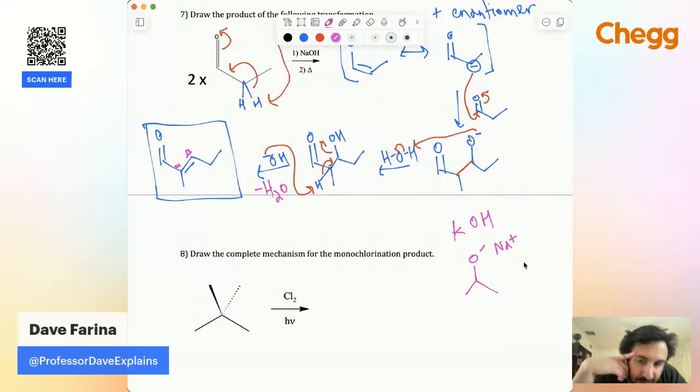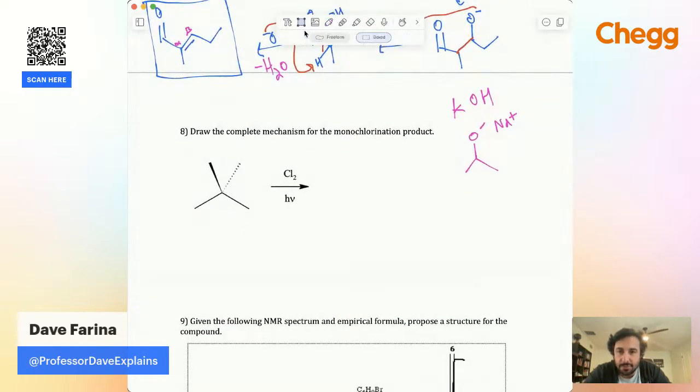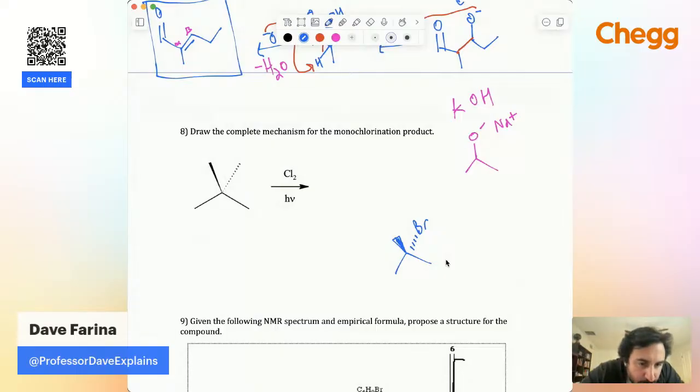Jackson asks, in the E1 reaction of 2-bromo-2-methylbutane, is TS2 lower for the anti-Zaitsev alkene? So I assume you mean the Hofmann.